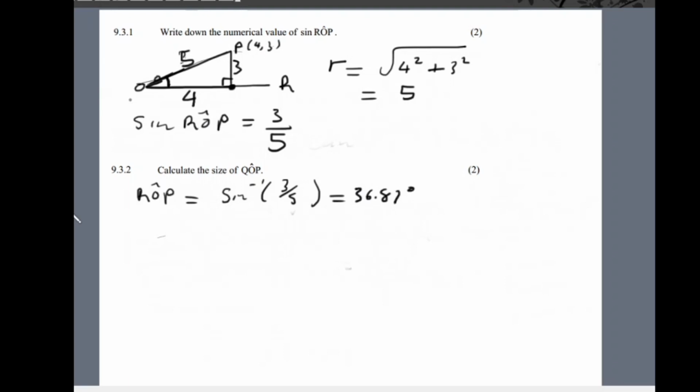Now QOP will be equal to 180 degrees minus 36.87 degrees, which will give us 143.13 degrees. So that is the size of angle QOP.